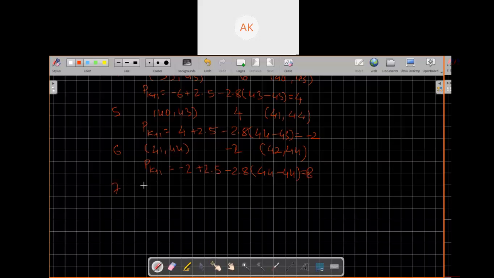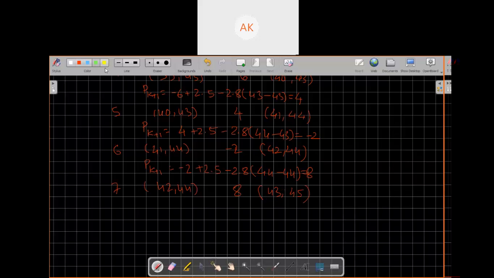So for the next iteration, your previous point is (42, 44), the decision parameter is 8. When it is greater than or equal to 0, then xk+1 will be xk plus 1, 42 plus 1, 43, and yk+1 will be yk plus 1, 44 plus 1, 45.